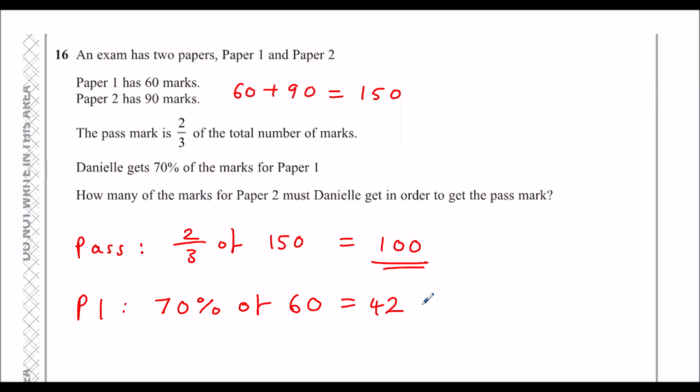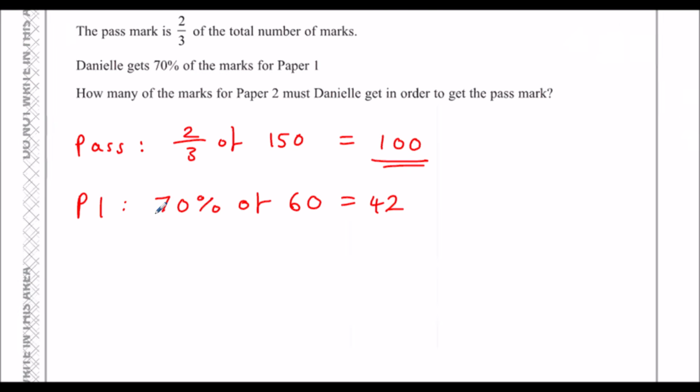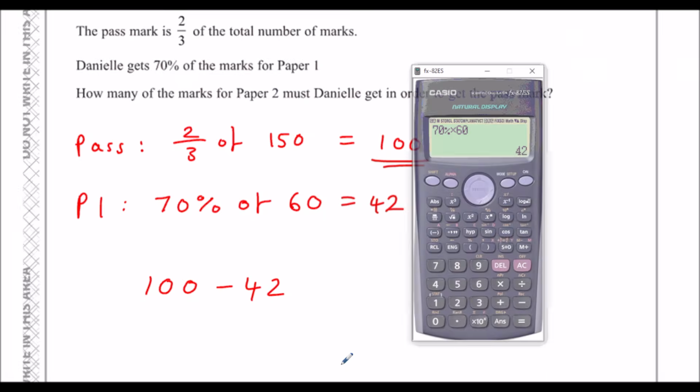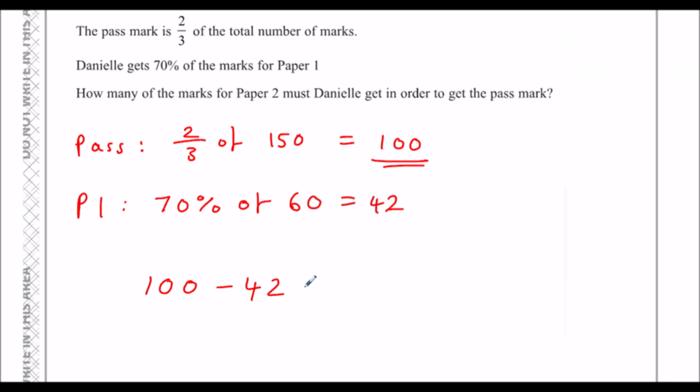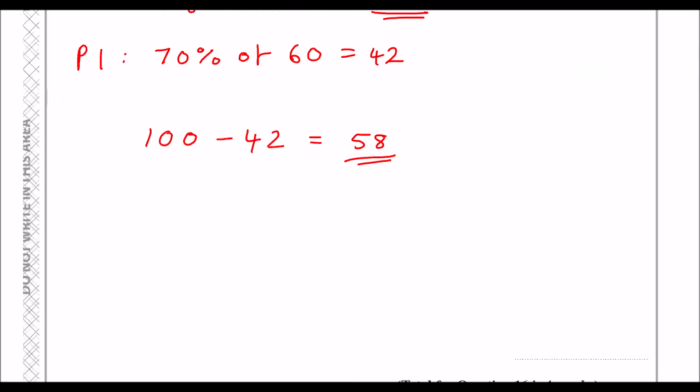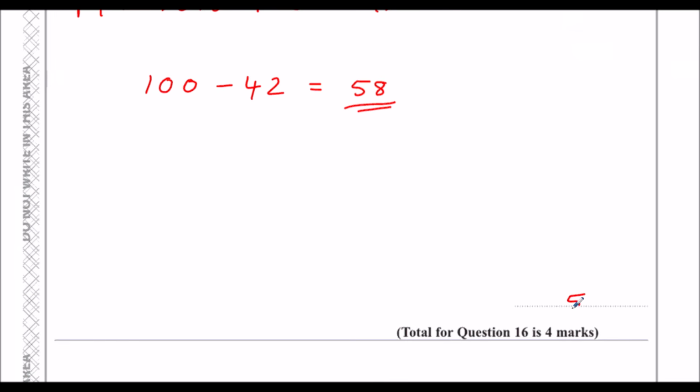So she's got 42 marks on paper 1. How many does she need on paper 2? So 100 to pass. She's already got 42. 100 take away 42, our last answer, is 58. So she needs 58 more marks.